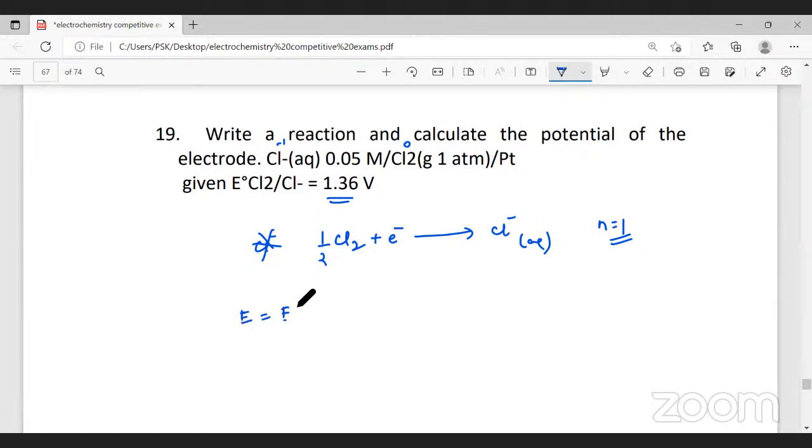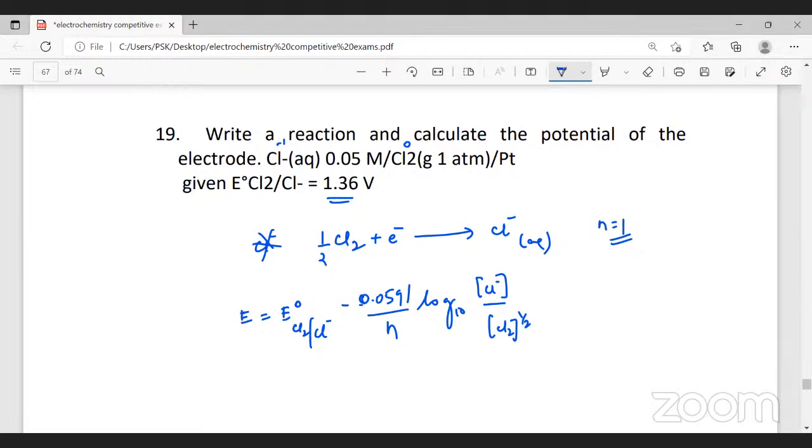E is equal to E naught of the chlorine electrode, which they've given you here, minus, temperature they have not mentioned, 0.0591 divided by n, log to the base 10 of the concentration of chloride ion divided by concentration of the chlorine gas to the power half.